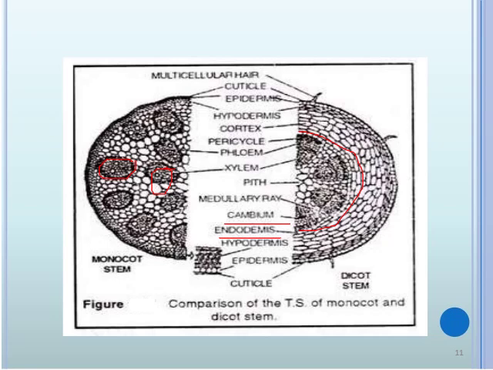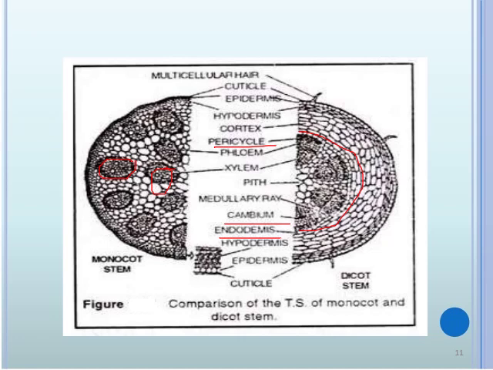As far as other differences are concerned, in dicot stem, here we have the pericycle. So pericycle is present in dicot stem, but in monocot it is totally absent. In dicot stem, the xylem vessels are arranged in radial rows.